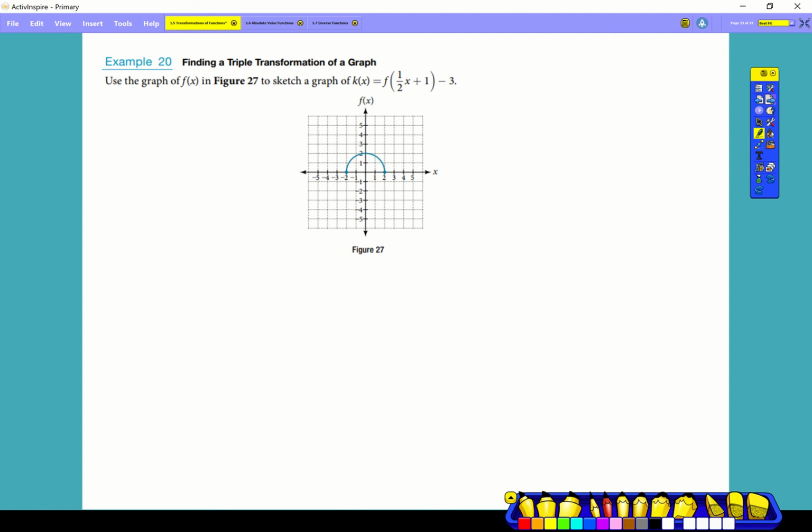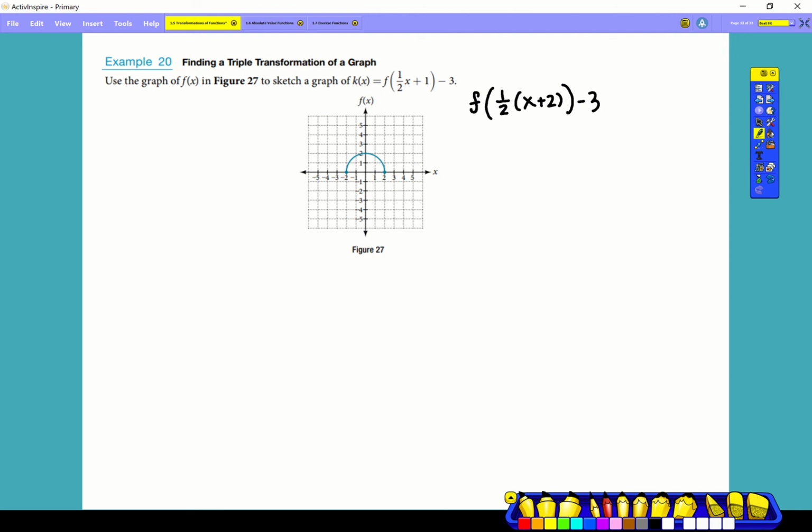So now we're going to sketch the graph of f of kx. So what I'm going to do is factor it out first. Okay.